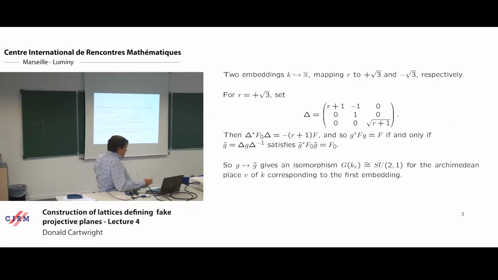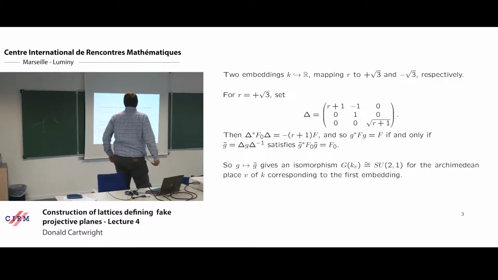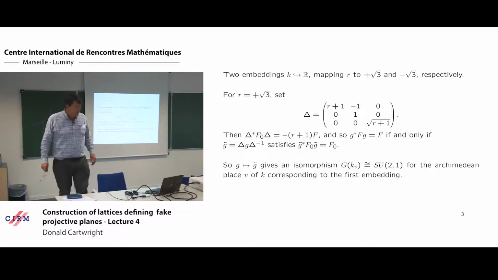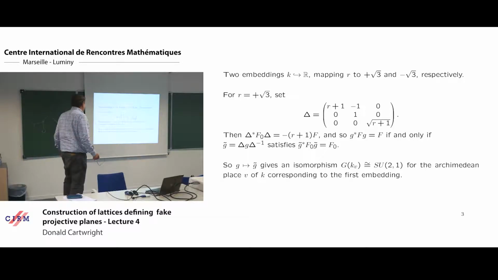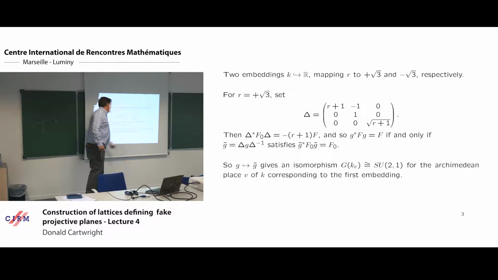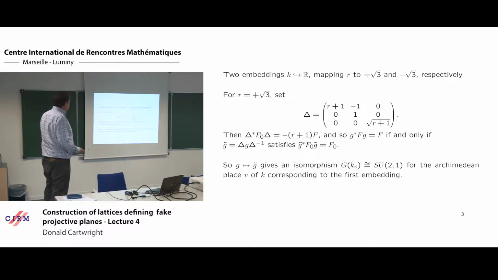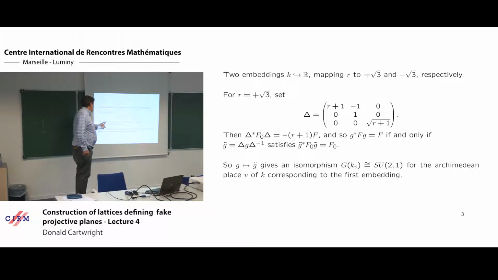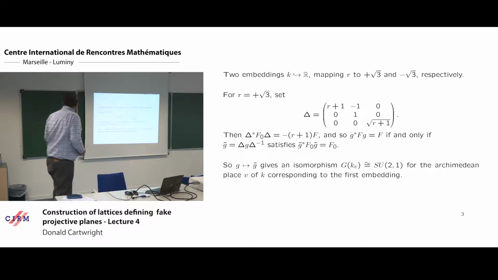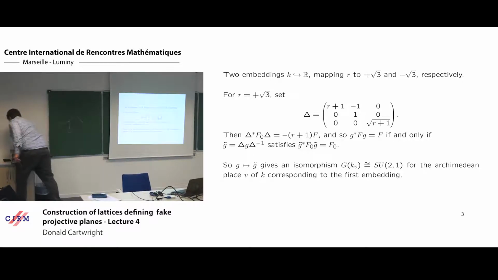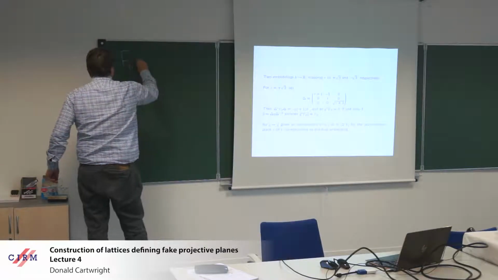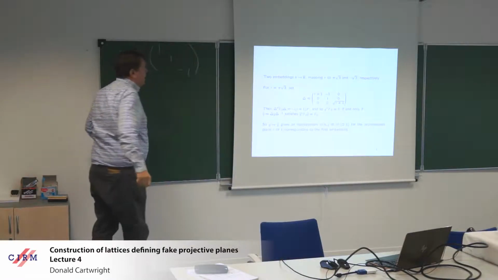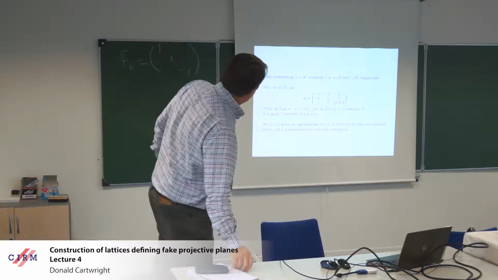So there are 2 embeddings of K into the reals, mapping R to either plus root 3 or minus root 3. And if you choose the positive square root of 3, you get the behavior SU21. So I've actually written down a specific conjugating matrix delta. For this particular choice of delta, F0, remember, was the matrix that used to define SU1.